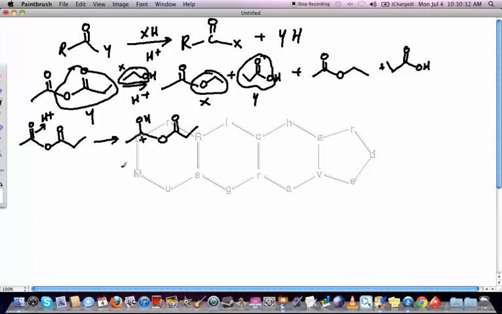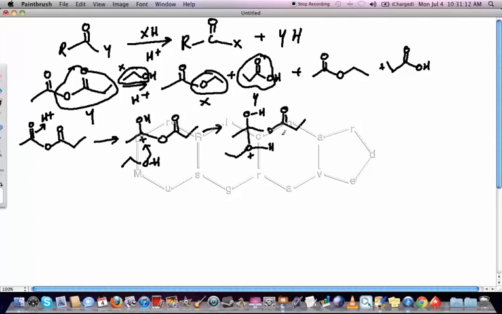And then the alcohol will come in as a nucleophile and attack the C plus. And that will end up giving us a positive charge on this oxygen.